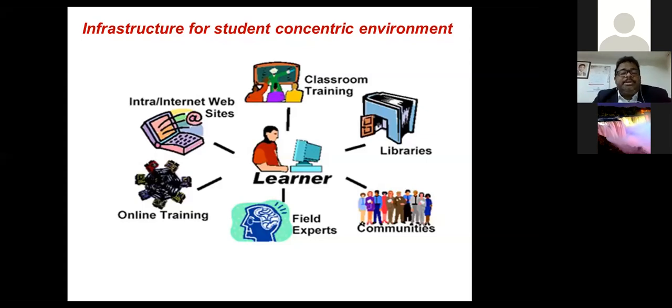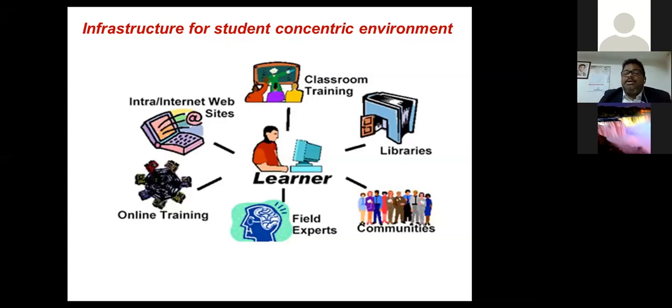In addition, first of all we need laptops, desktops, whatever it may be, and internet, and a library. We have a very big library, fully air conditioned, open 24/7. But you will hardly see any students there.